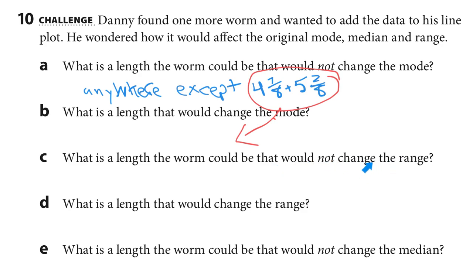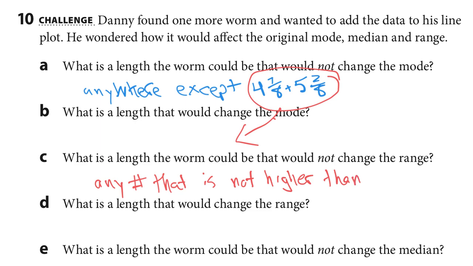And we know that the range is the maximum minus the minimum, so the only thing that we have to do is choose any number that is not higher than max or lower than min. Okay, so you can choose any number in between the highest number and the lowest number.